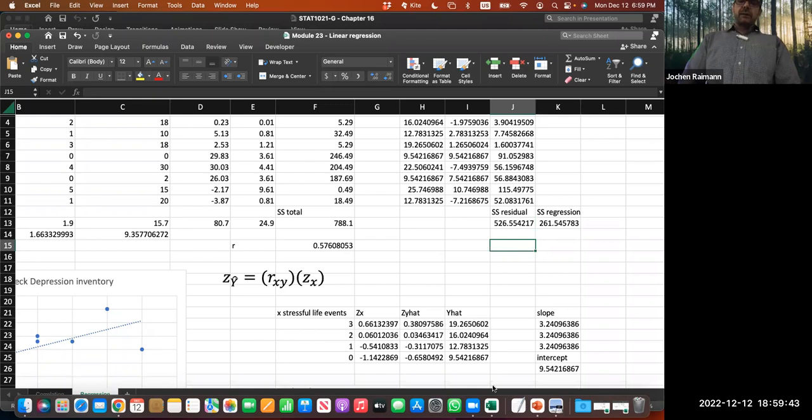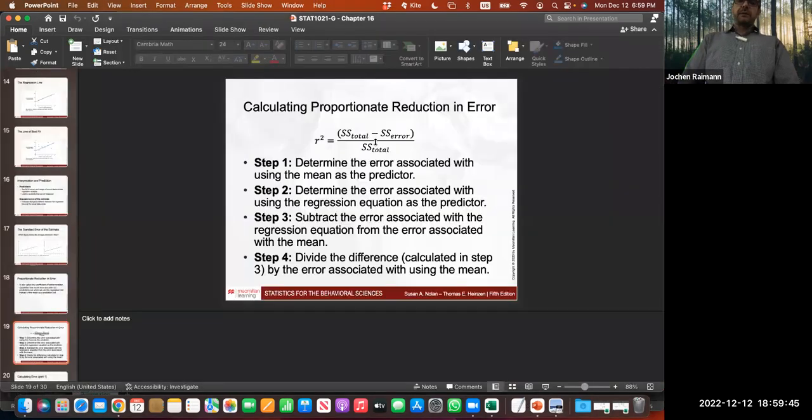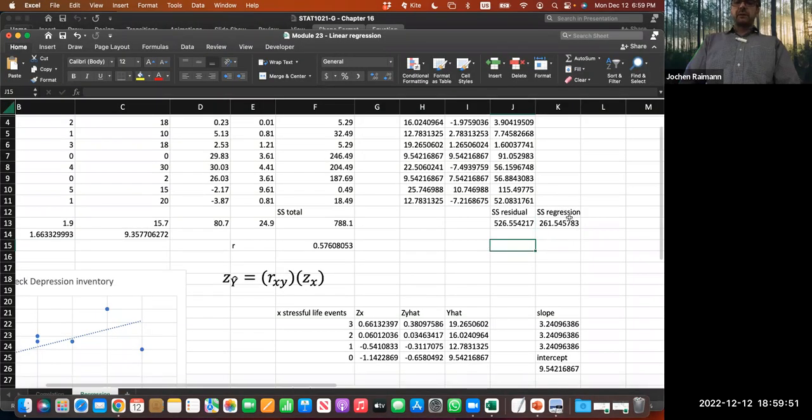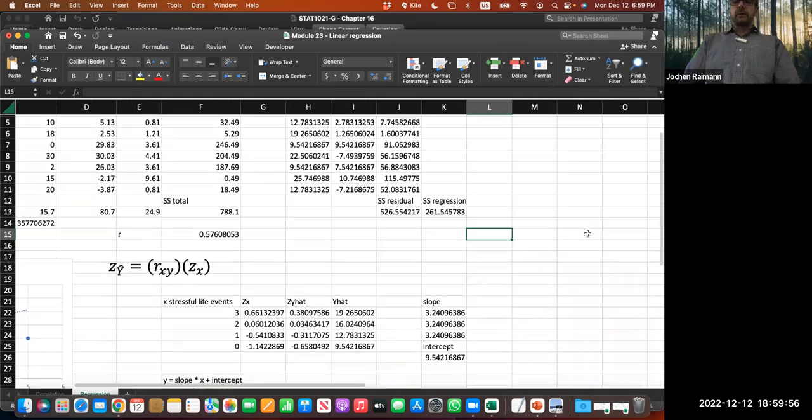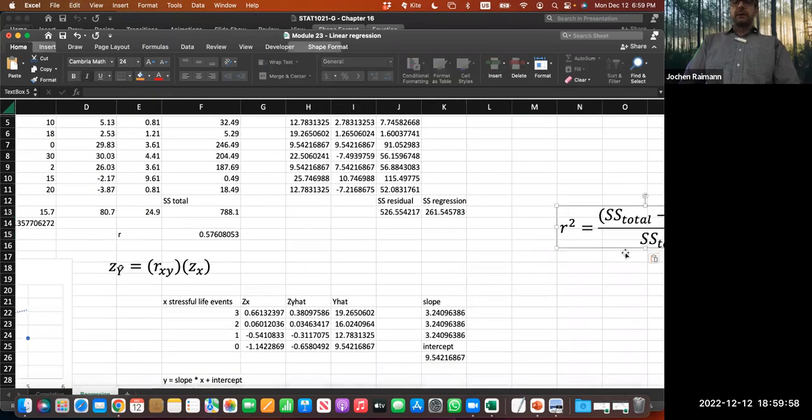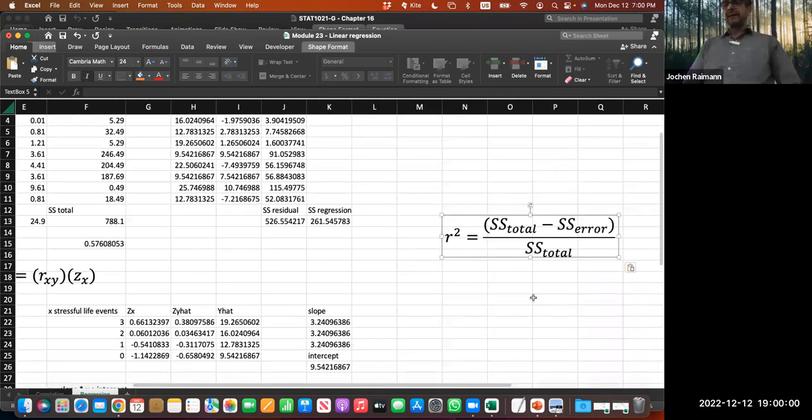So as outlined here by Nolan and Heinzen, R squared is now calculated as sum of squared total minus sum of squared error, which we have calculated, divided by our sum of squared total. So we're getting a proportion of our explained variability divided by our total variability.